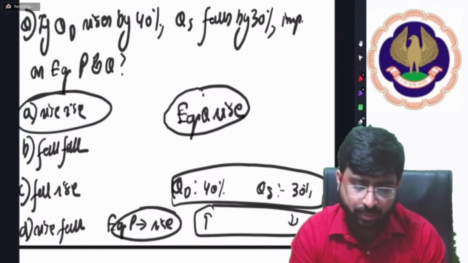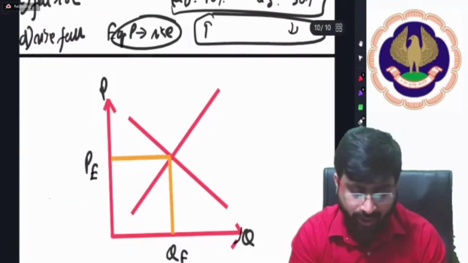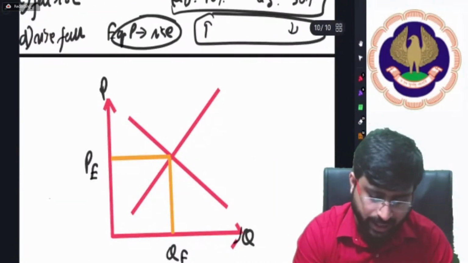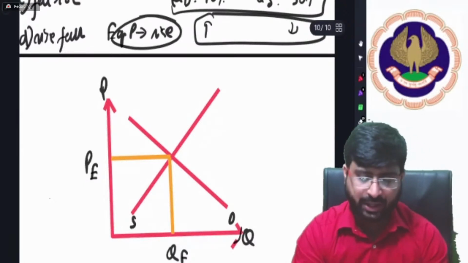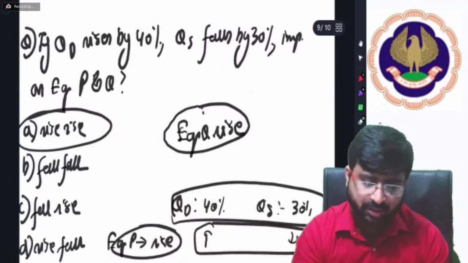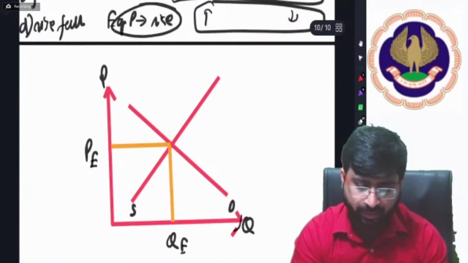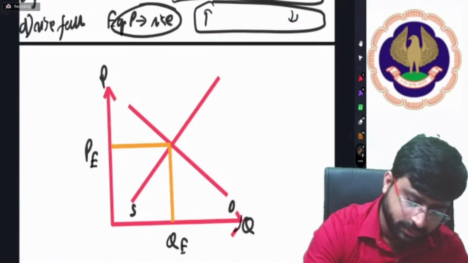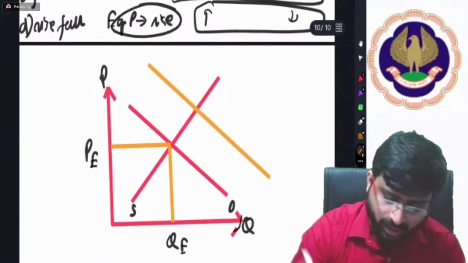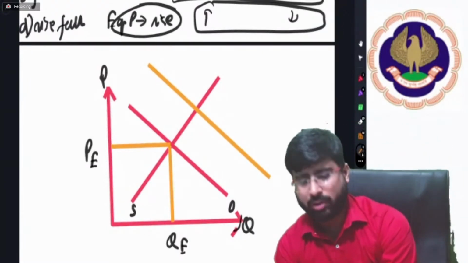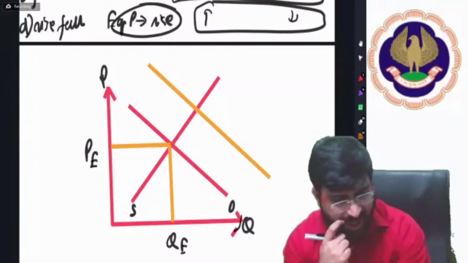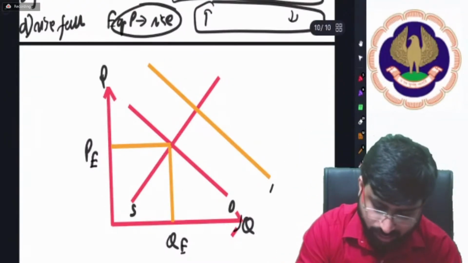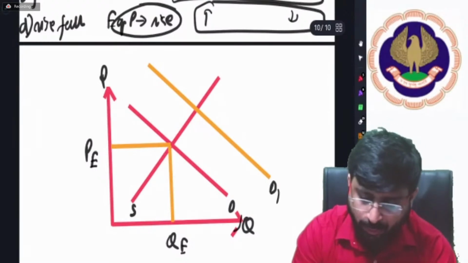If quantity demanded rises by 40% and quantity supplied falls by 30%, so see, this is supply, this is demand. Demand rises by 40%, supply falls by 30%. So if you see here, demand has risen by a greater proportion. Supply will fall, that's right, but with a lesser proportion.